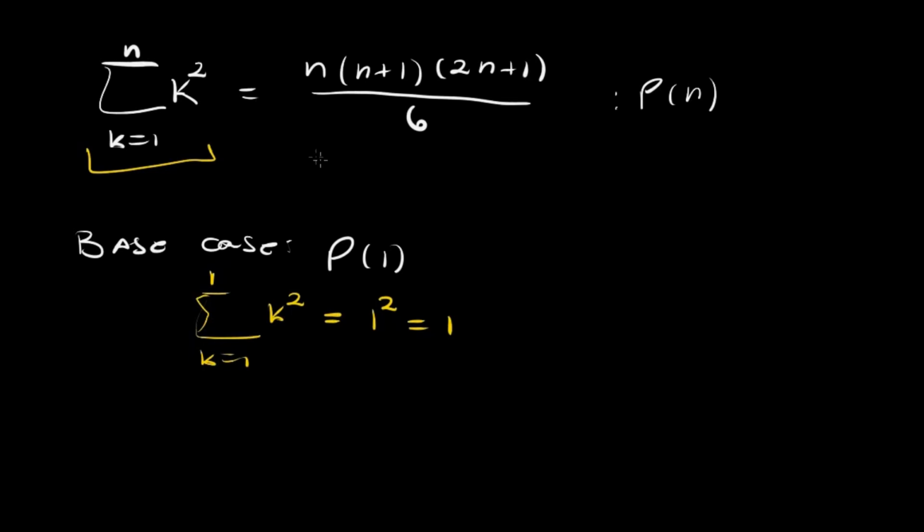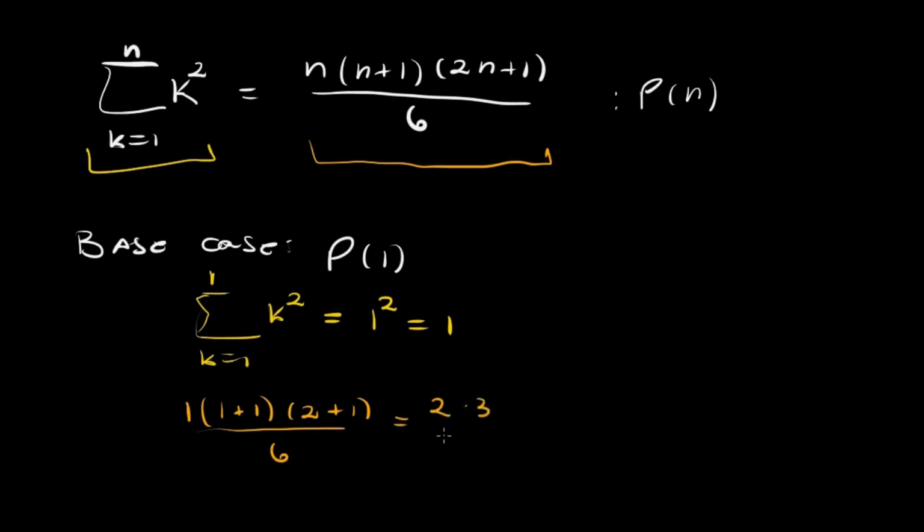And the other side is 1 times 1 plus 1 times 2 plus 1 divided by 6. This is 2 times 3 divided by 6, which equals 6 divided by 6, so this is 1. And these two expressions are equal, so p of 1 is proved.